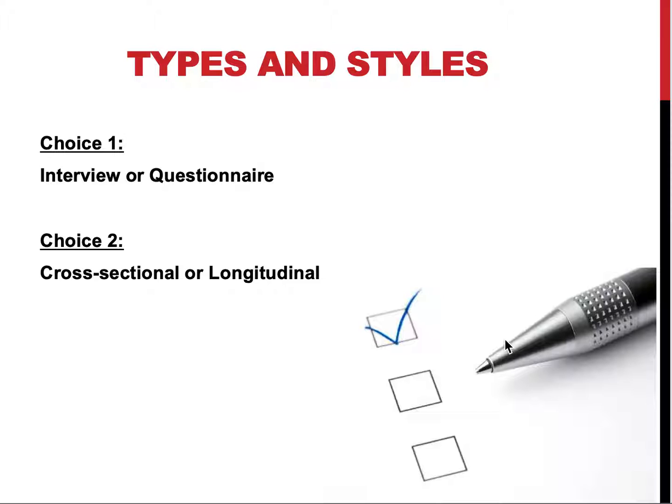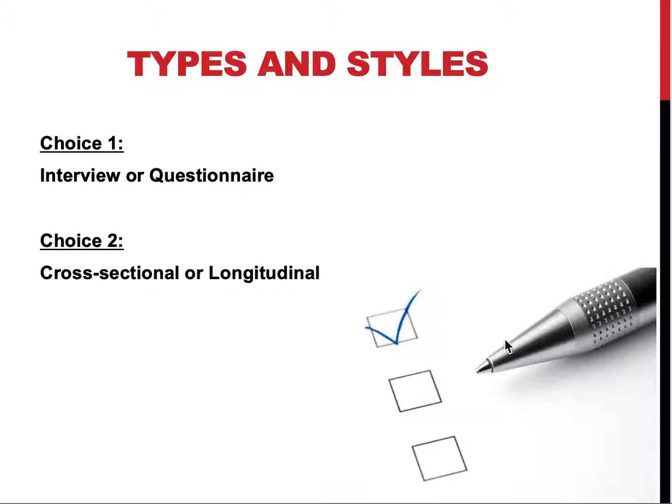Okay, so what we're looking at with types and styles of surveys has to do with how we're distributing those surveys, and when, and who we're distributing it to. You're going to hear in our qualitative module, we're going to talk about interviewing as a way of collecting data.